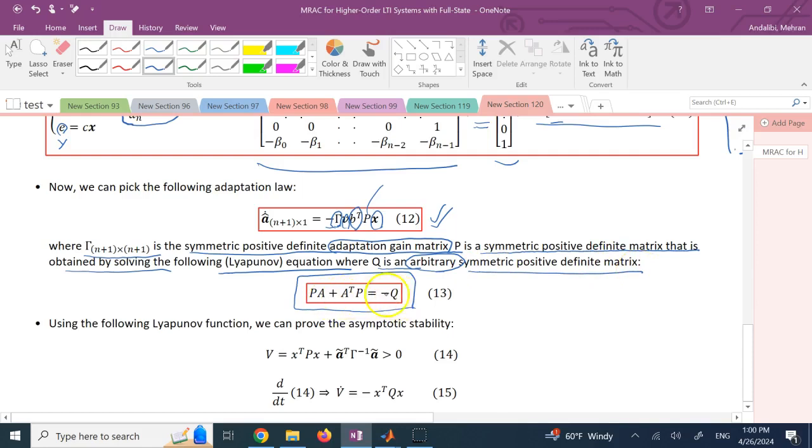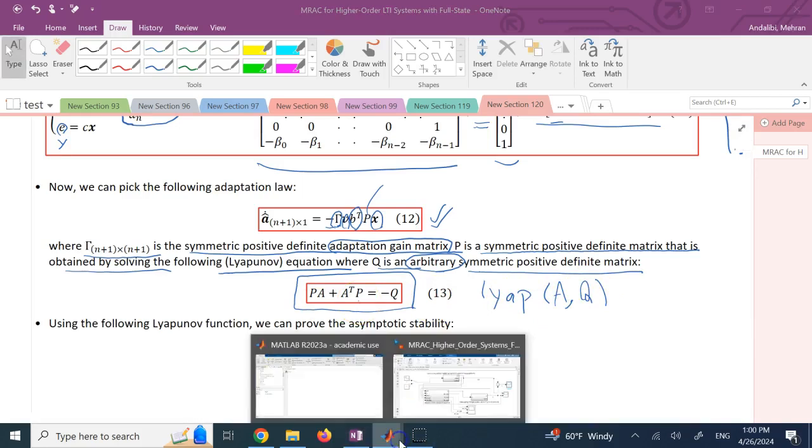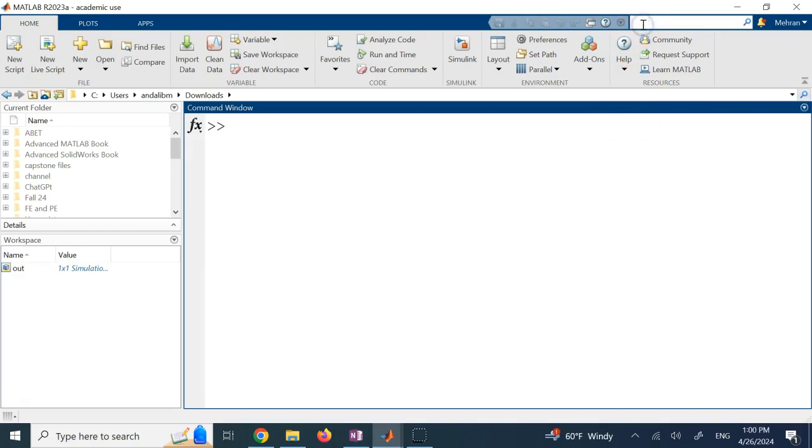So negative Q. And in MATLAB there is this command lyap, and you can give it A and Q, but the equation that it solves is different than this. If I show you what lyap does in MATLAB, you have to be a little bit careful about it, because it does not exactly give you this.